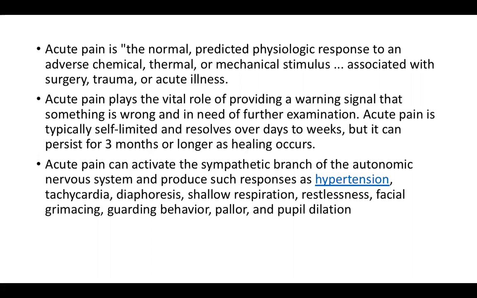Or we can see in body language facial grimacing, guarding behavior, pallor, or pupil dilatation. So what I'm saying is pain can be seen by means of body language. It can be so varied, so one needs to understand what is going on.